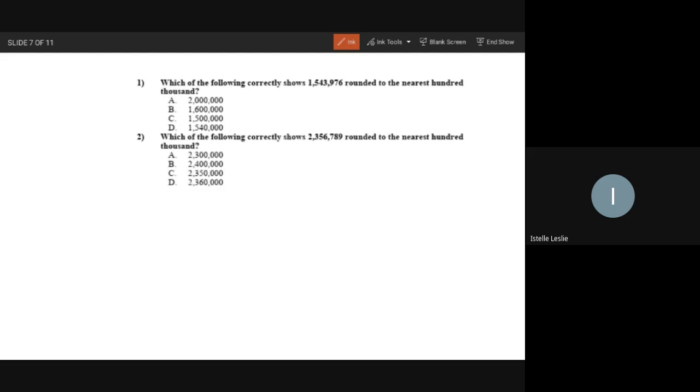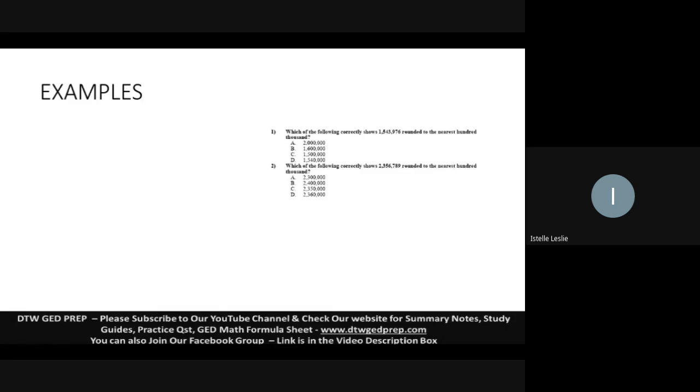Why? Because we have the digit there to be 3. No problem. So we look at 5. 5 is 5 or above. So we add 1 here. So what remains the same is the number to the left. So 2, and then 1 plus 3 gives us 4. And then we replace the others with 0, 0. So option B here is the correct answer.